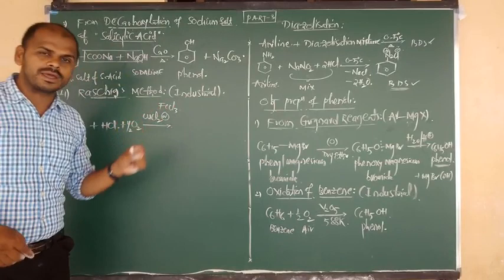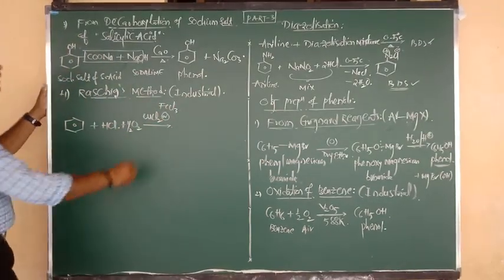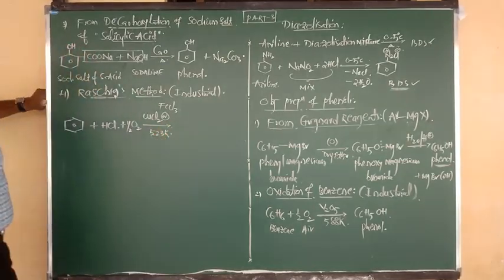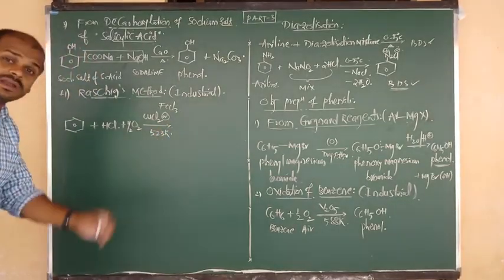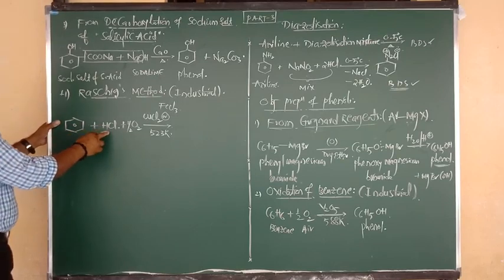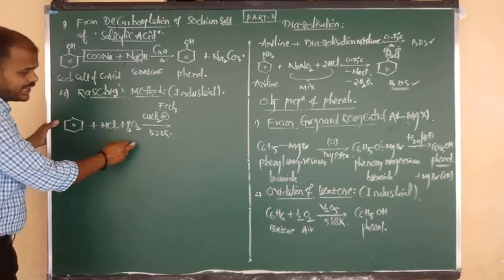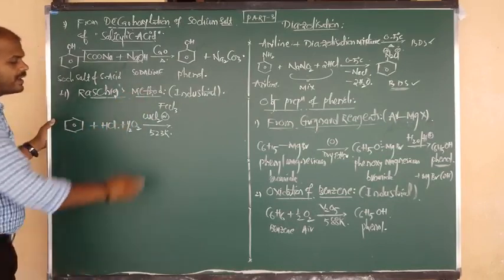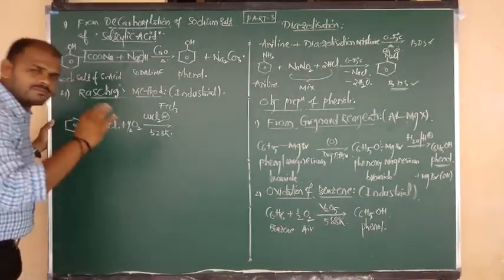Any one catalyst you can add as per Raschig's. And the reaction takes place at a temperature of 523 Kelvin. So benzene upon acidification and followed by oxidation in presence of cupric chloride or ferric chloride catalyst at 523 Kelvin forms a product.